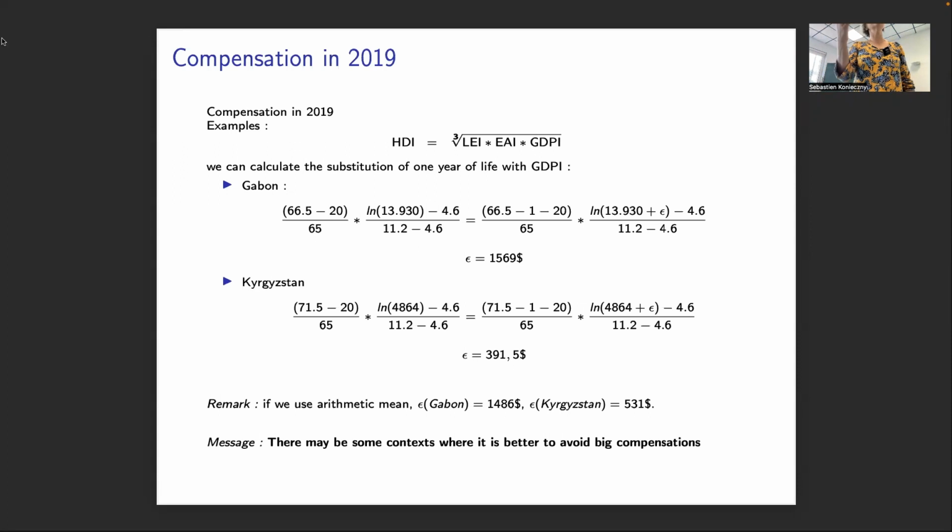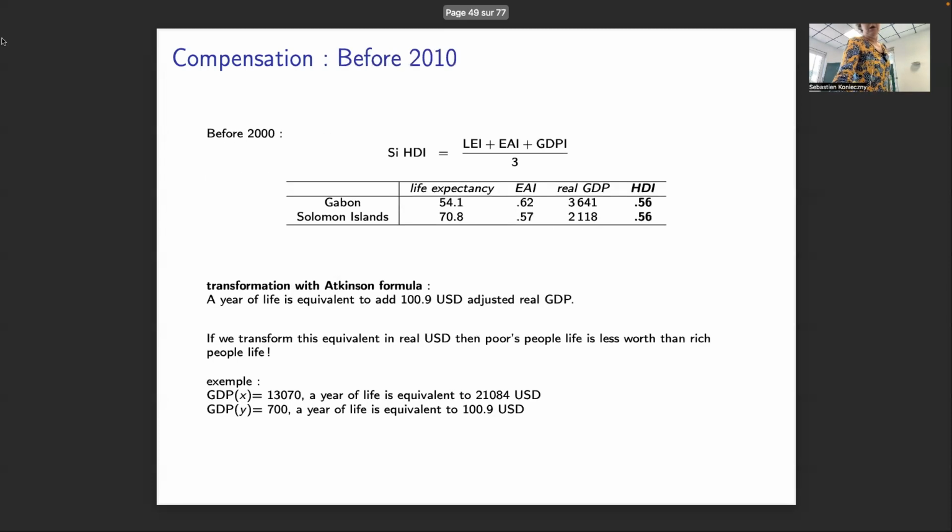There are some methods like ELECTRE methods. Comparing these two countries, you just see which are the attributes that are good. For instance, the majority say that Gabon is better than Solomon, so I say Gabon is better than Solomon because the majority say this.